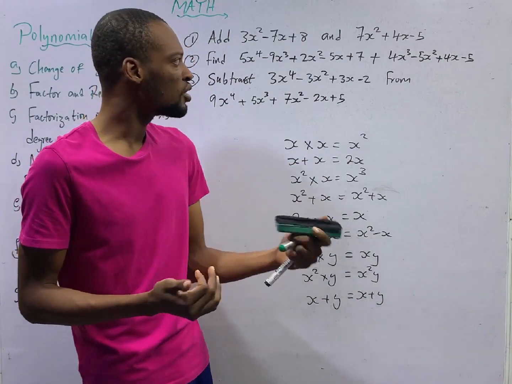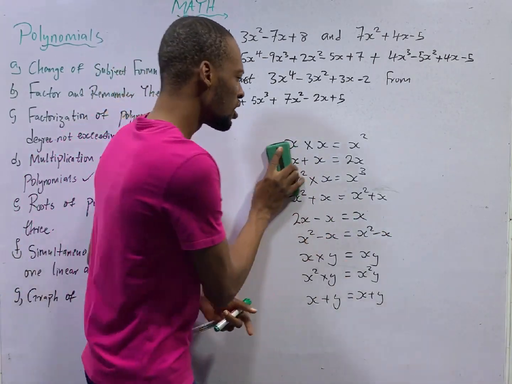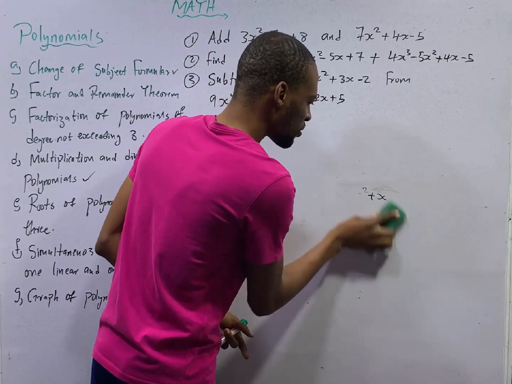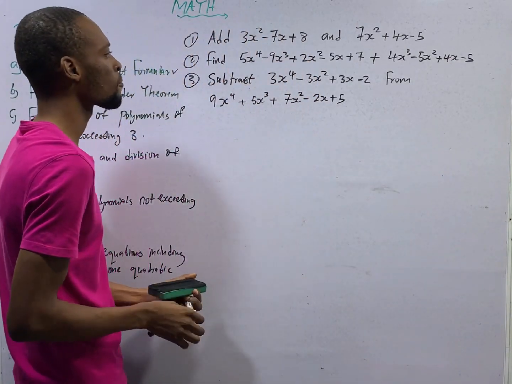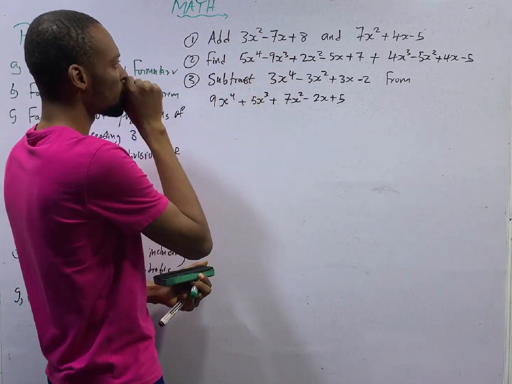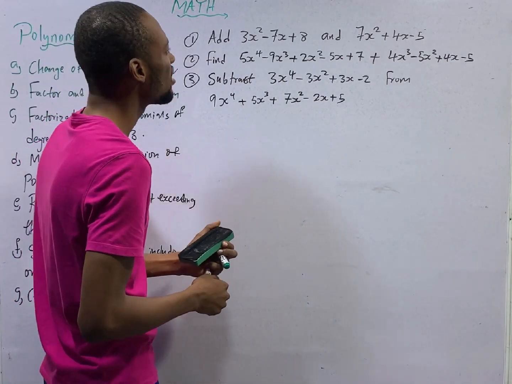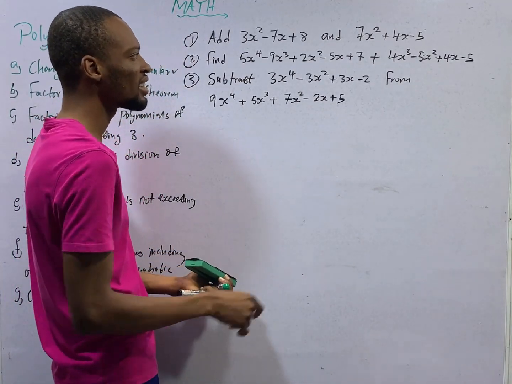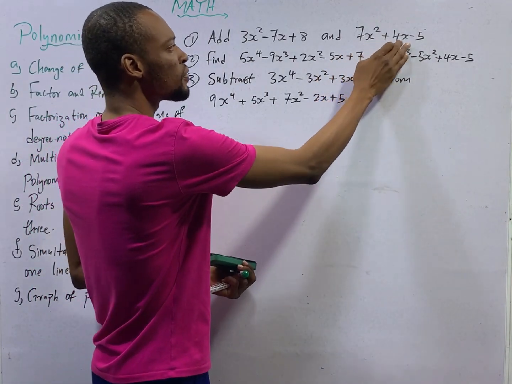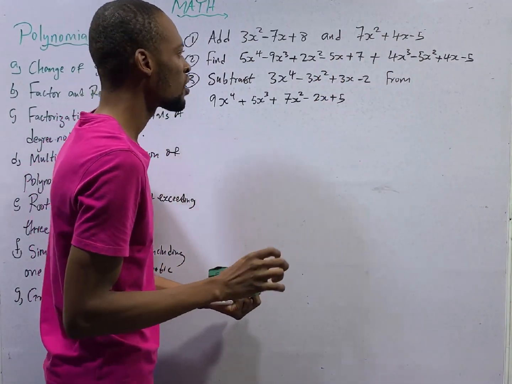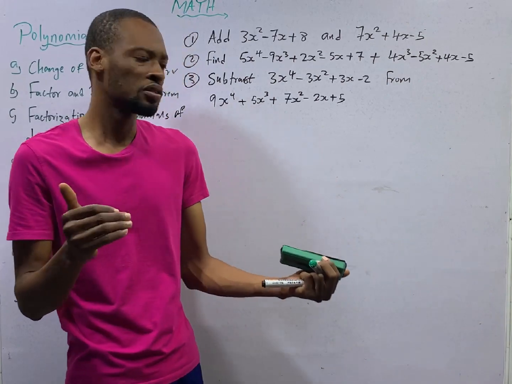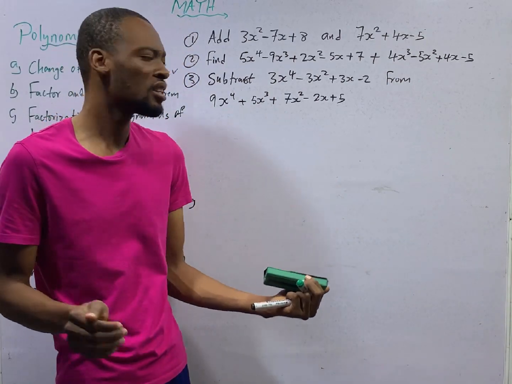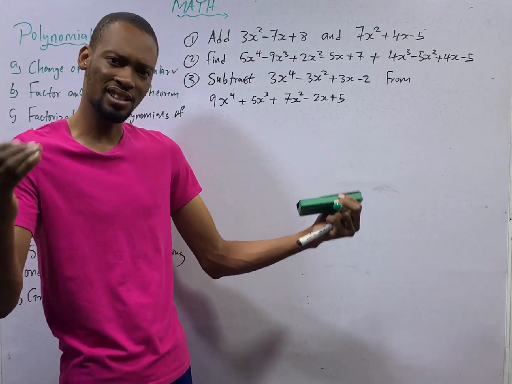With this knowledge, you should be good to go when it comes to addition and subtraction of polynomials. Look at the first question before us. It says add 3s squared minus 7s plus 8 and 7s squared plus 4s minus 5. When you are adding or subtracting polynomials, you arrange them according to their degrees.